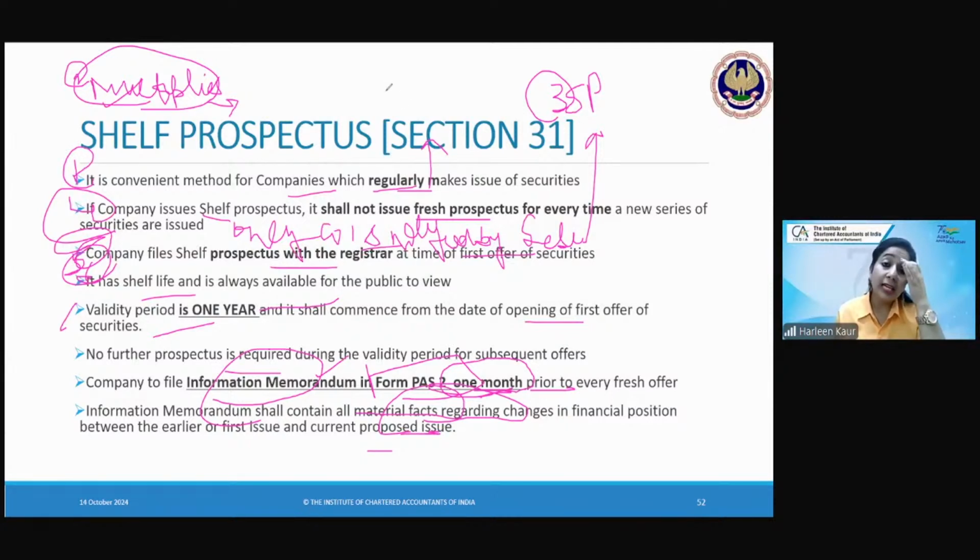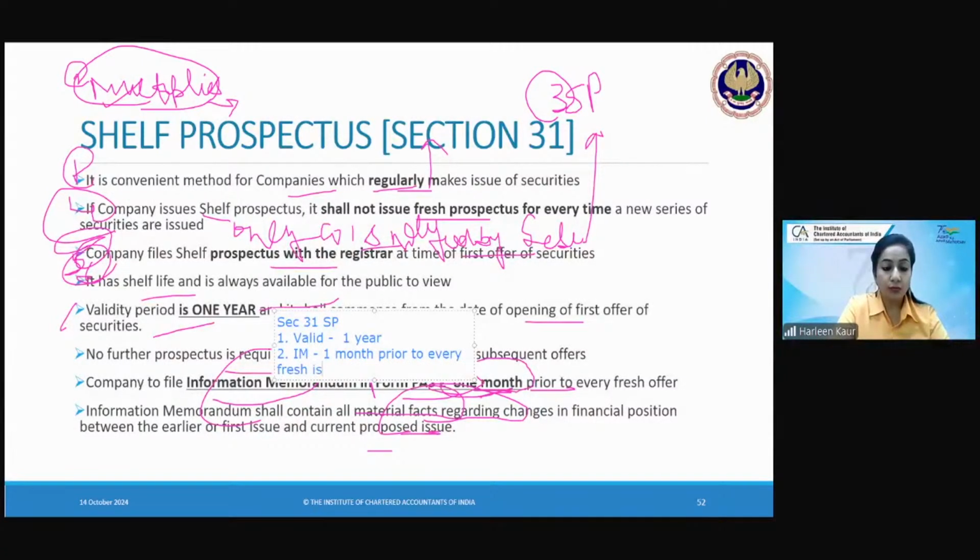So there are 3 important dates, children, that I want you all to write down separately for section 31, shelf prospectus. Number 1: it is valid for a period of 1 year. Number 2: the information memorandum shall be issued 1 month prior to every fresh issue.